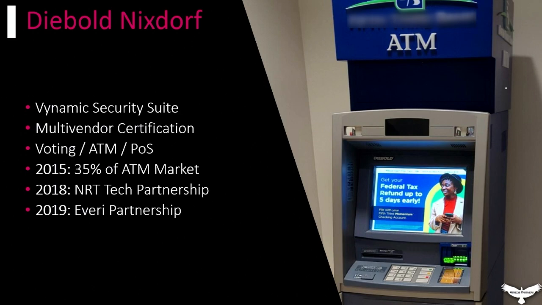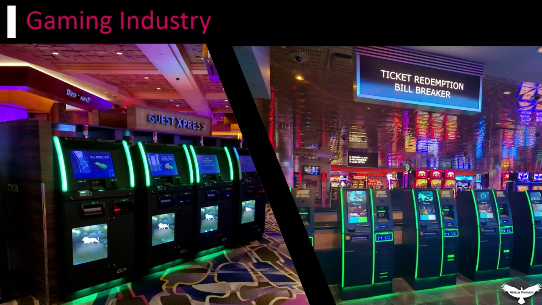And in 2018 and 19, they partnered with two of the largest financial institutions representing the US gaming industry. So not only is Diebold represented in a lot of ATMs, it's also on almost every casino floor across the United States. Those cash out systems that print your receipt after you use a slot machine, those are likely running Diebold or Dynamic Security under the hood.